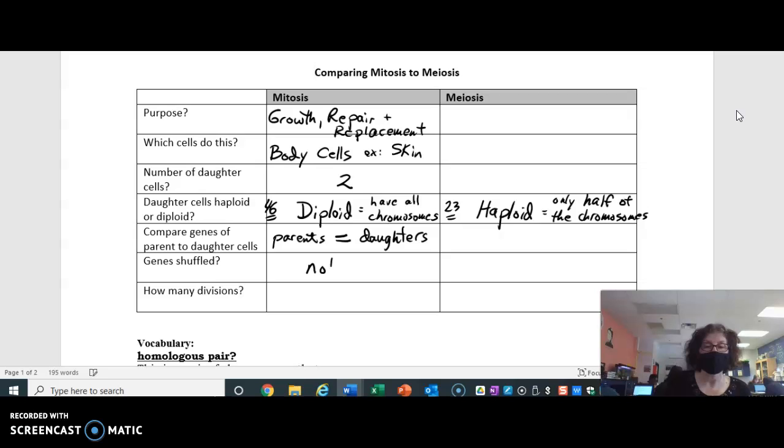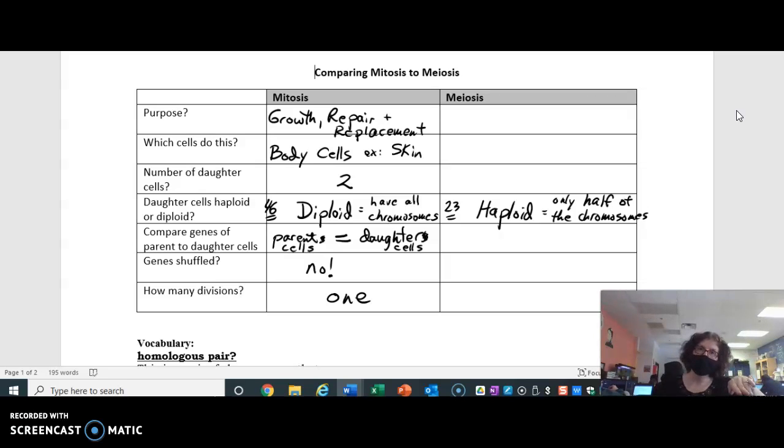No. Meaning the parent cell, not like a human entire parent, but the parent cell are the same as the daughter cell. I'm glad you made that point, right? So parent cells are equal to the daughter cells in every way. They've got the same number of chromosomes, the exact same genes, nothing's different. No gene shuffling, no. And how many divisions? 1. 1 division to create 2 new cells, and that's it.